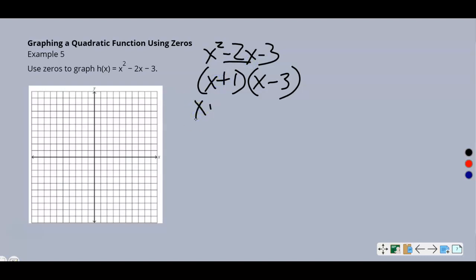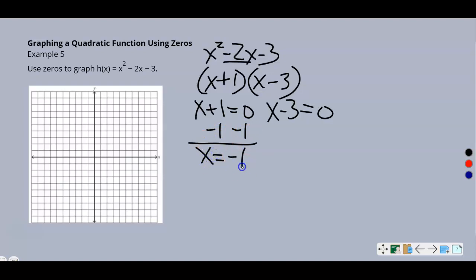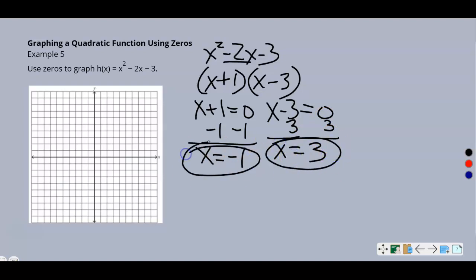So I'm going to have x plus 1 equals 0. X minus 3 equals 0. So very quickly I can find my intercepts. My intercepts are my zeros. So I'm going to have x equals negative 1 and x equals 3.